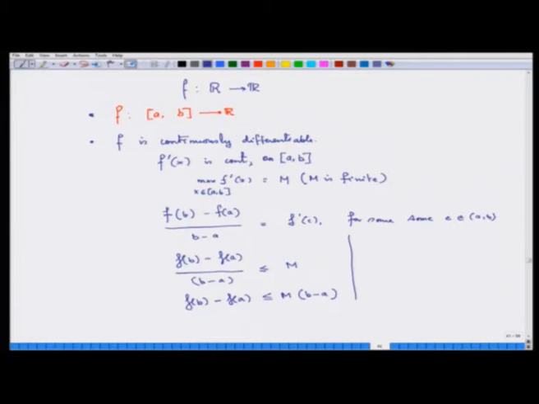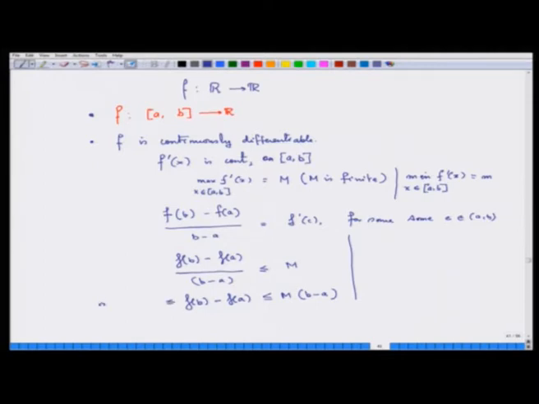But you also know, because of our studies about continuous functions, that the minimum value of this f dash x over x in a b also exists. So, this is m, and f dash c is then greater than equal to m because m is the minimum value.